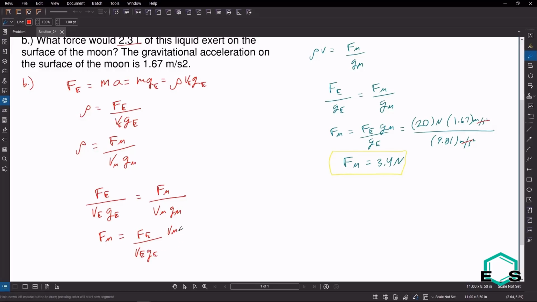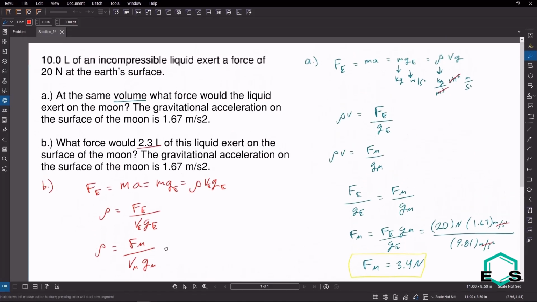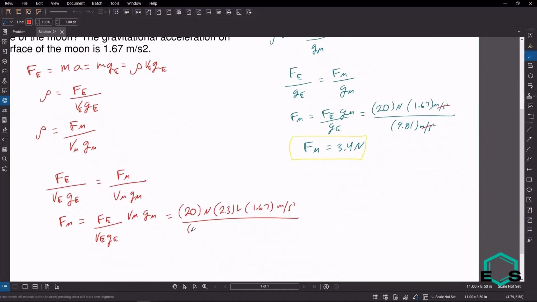And then the force on the Earth, what was it, 20 newtons? The volume on the moon is 2.3 liters. The gravitational acceleration on the moon, 1.67. The volume on the Earth, what was that, 10 liters? Yep, 10 liters. And then 9.81 meters per second squared for the Earth.